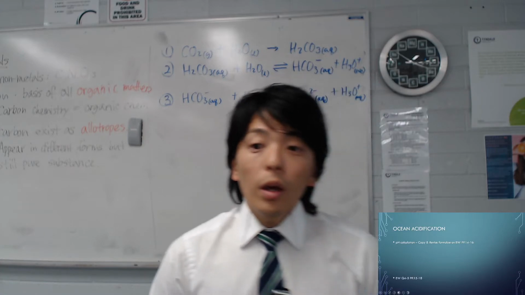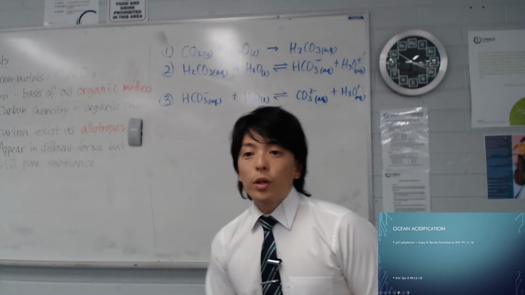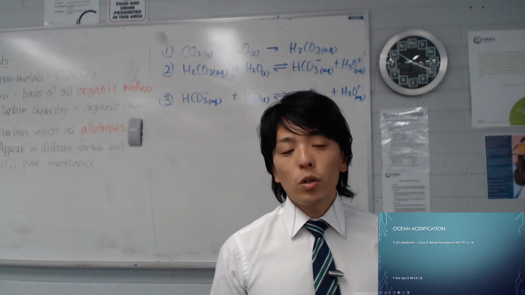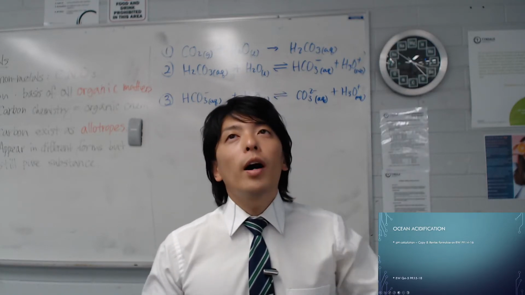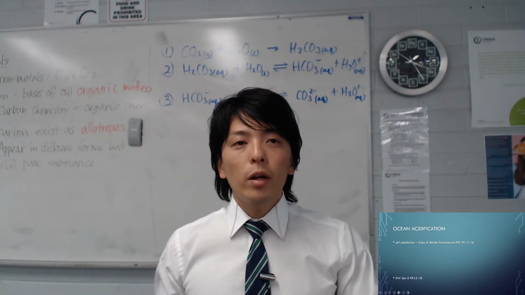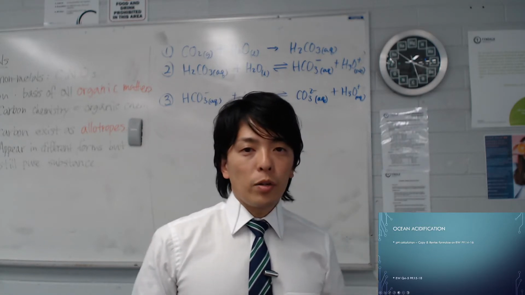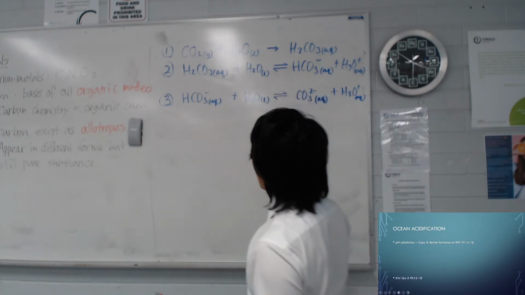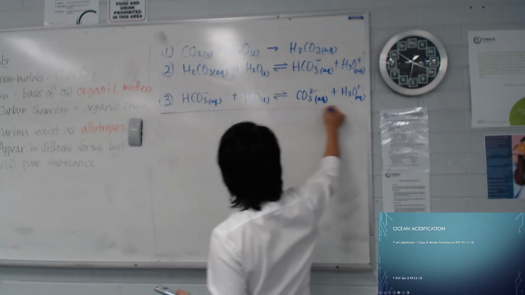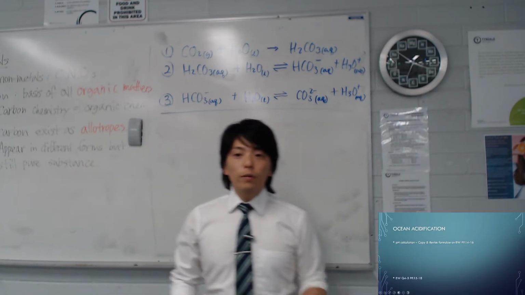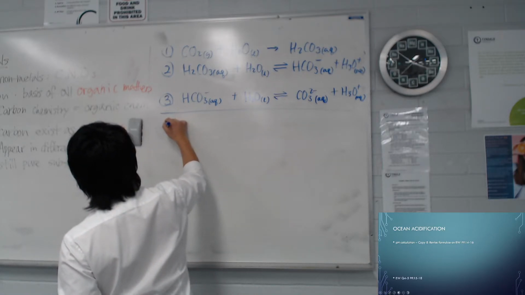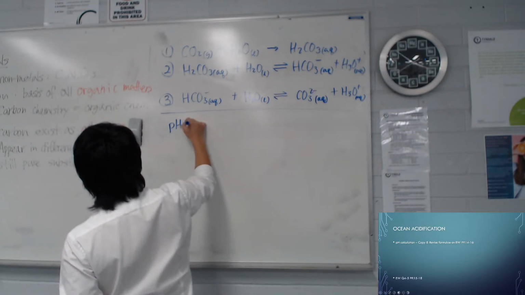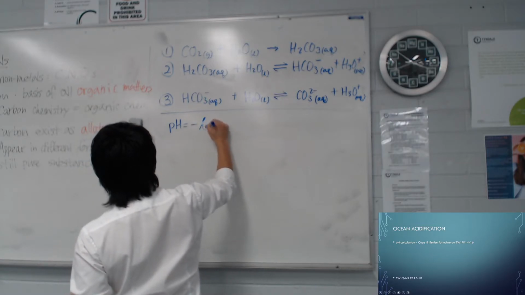All right. And this is where we also need to look at how pH can be calculated from the concentration of hydronium or hydrogen ions or OH minuses. So let's look at the formula again. To find the pH of something, you would always have to have negative log.